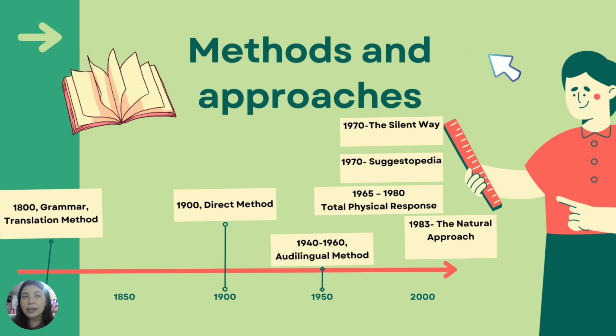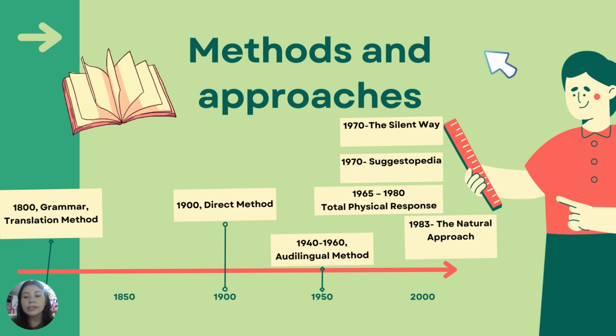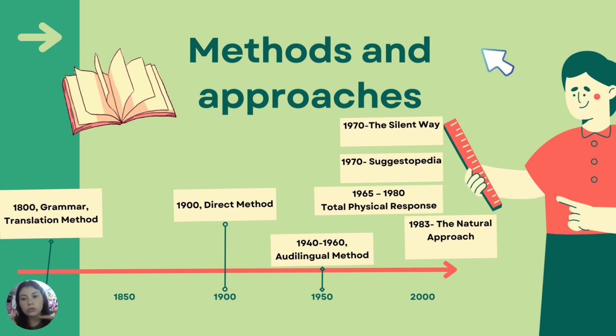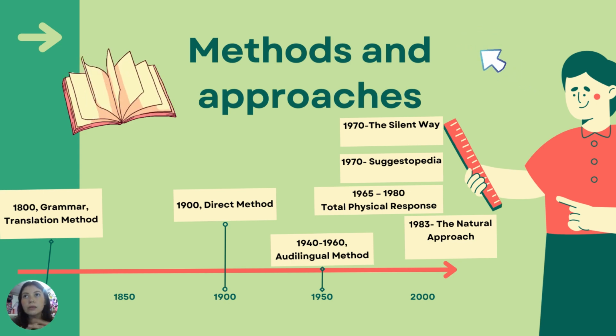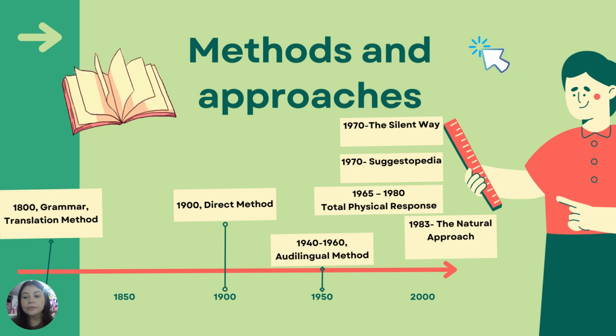But later, the second one, in the 1900s, was the direct method. Why? Because they needed people to speak, not just to translate or understand. They needed people to speak English, like people in Europe learning French, Italian, German, and English, for example.